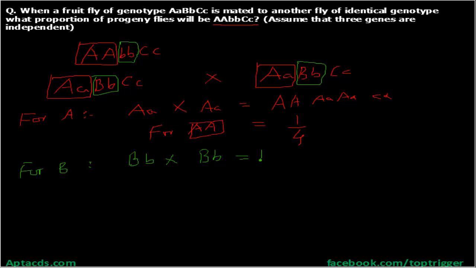Again we will get this genotype. So for the given genotype, that is small b small b, this is this one. The fraction will be, again, this is the fraction we are looking for. So again it will be 1 by 4.